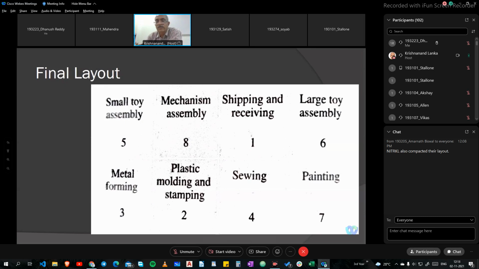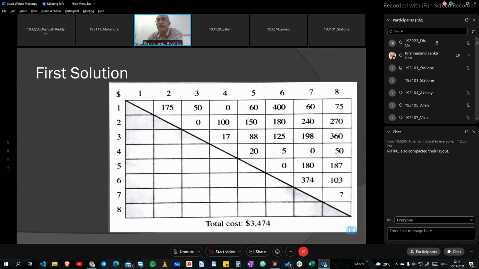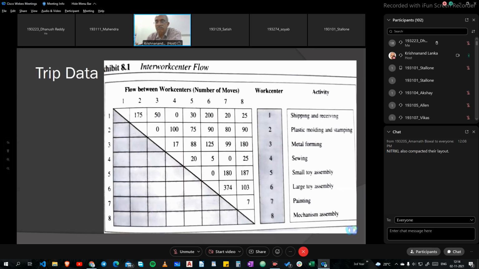For example, large toy assembly and painting are put beside each other, so that the total travel distance is minimized. Sometimes if departments are very far away, you try to put them together.